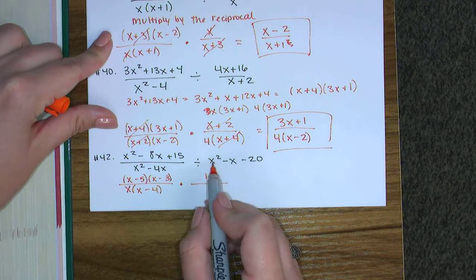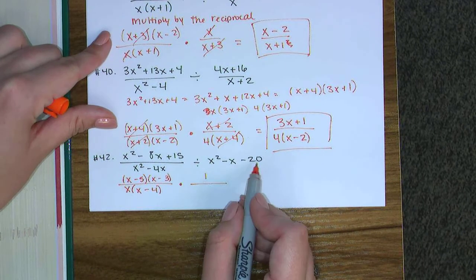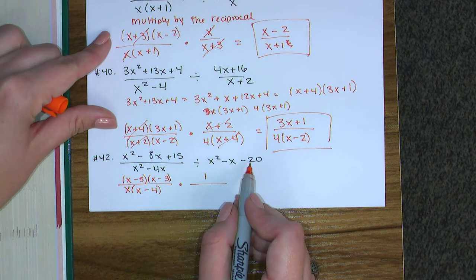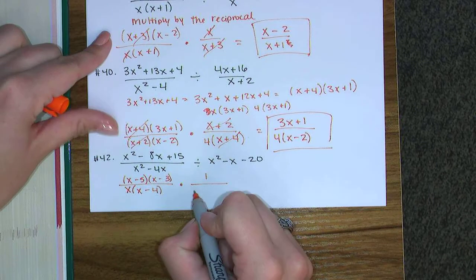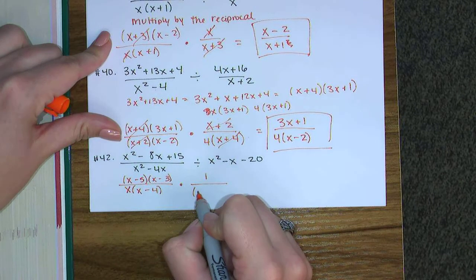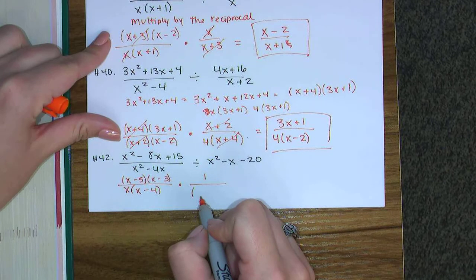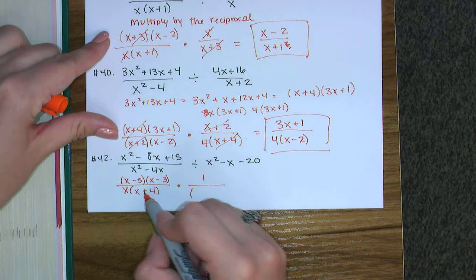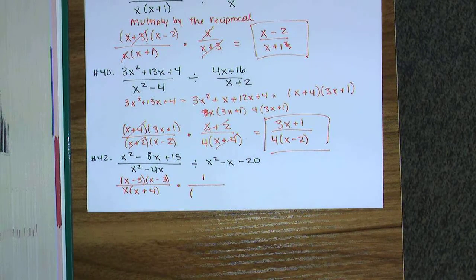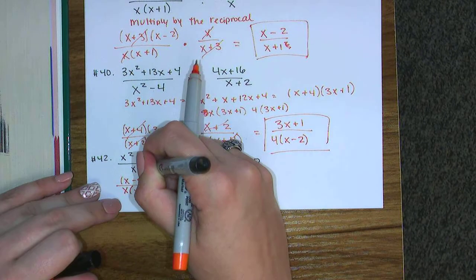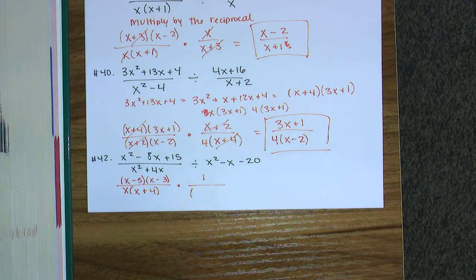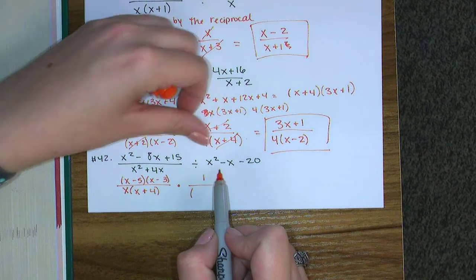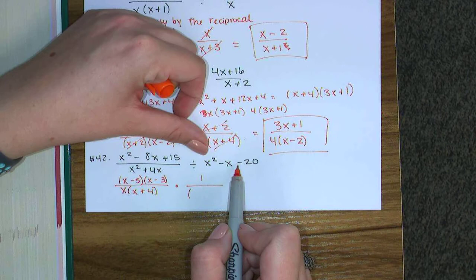So this factors into, let's see, minus 5 plus 4, or wait. Oh, I have the wrong sign here. This was supposed to be a positive there. There we go. So then this becomes x plus 4, x minus 5.